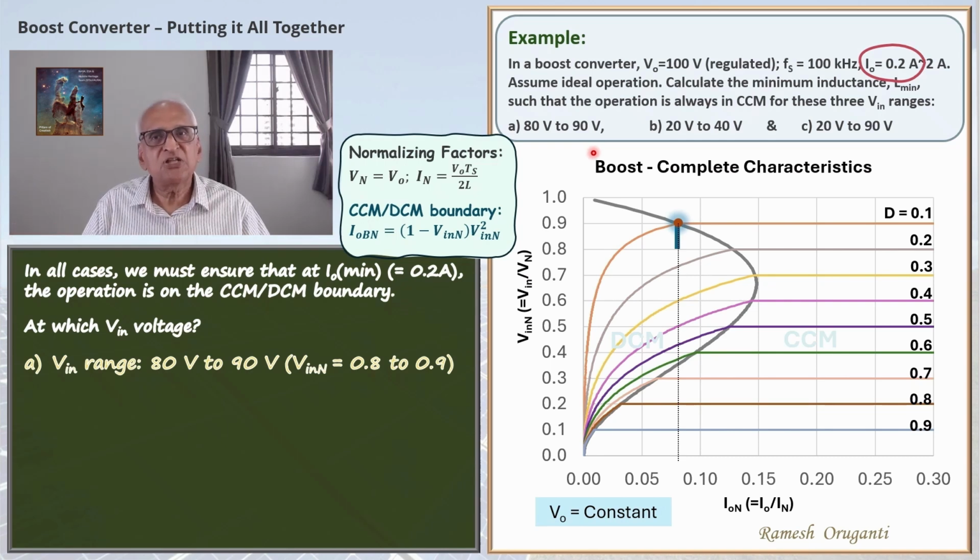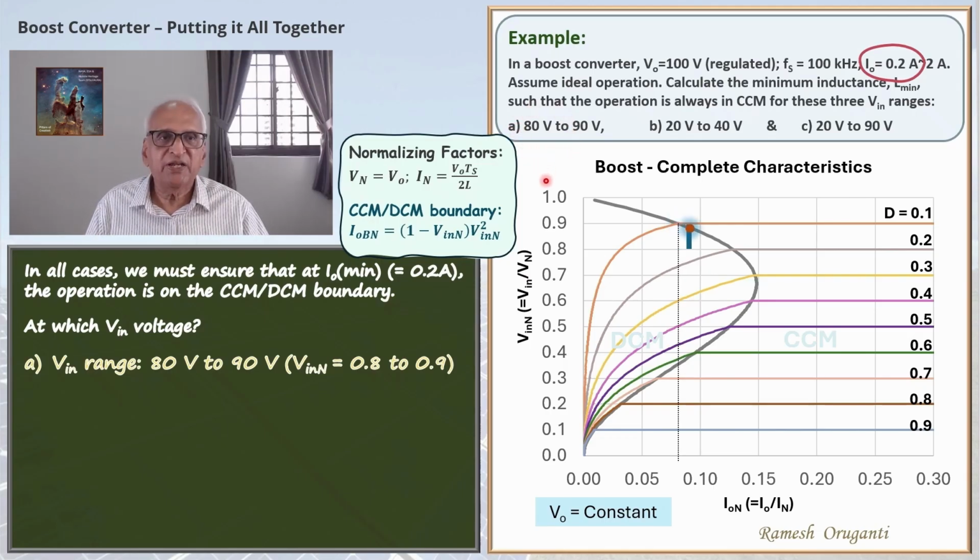If the voltage is now reduced towards 80 volts, you notice that the operation slips into DCM. So obviously, this is not the correct choice. We can next see whether by keeping the operation at the CCM DCM boundary at 80 volts input voltage, our problem is solved.